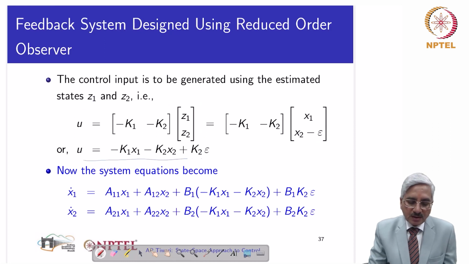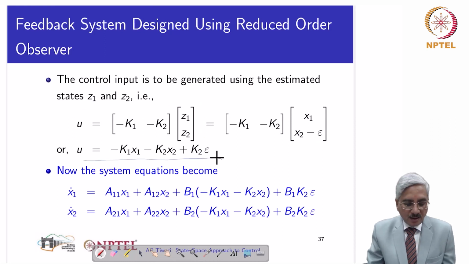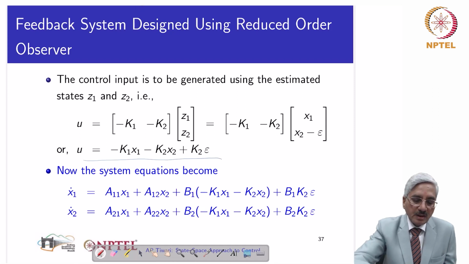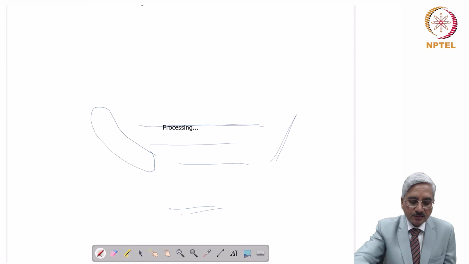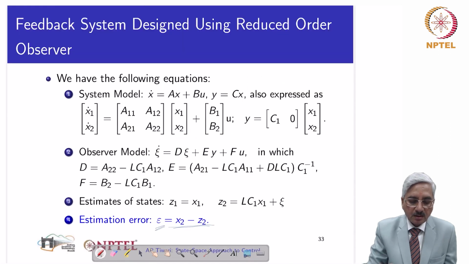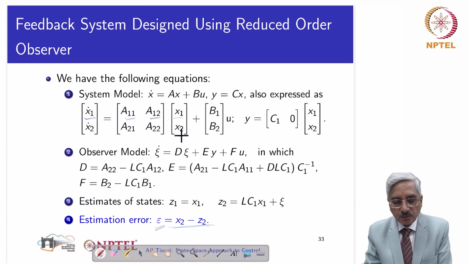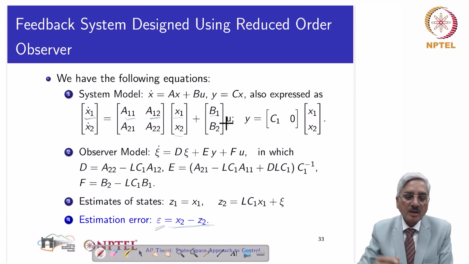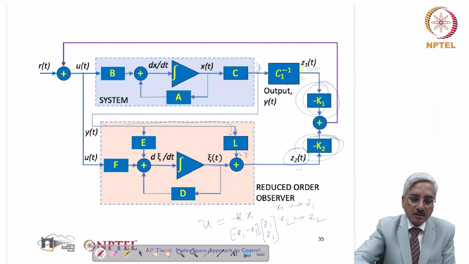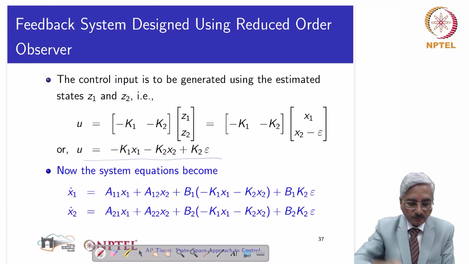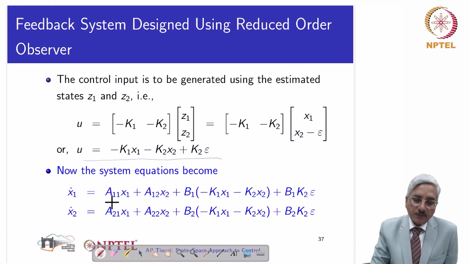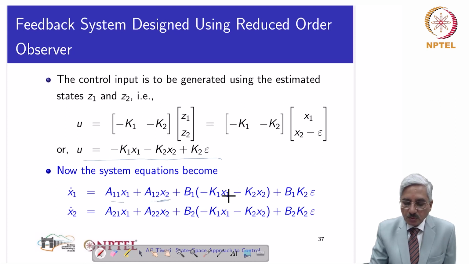So with this relation in hand, the first equation of the system, let me see where it was a little back here: X1 dot is A11 X1 plus A12 X2 plus B1 U. This modifies as X1 dot is A11 X1 plus A12 X2 plus B1 into U, which is this.